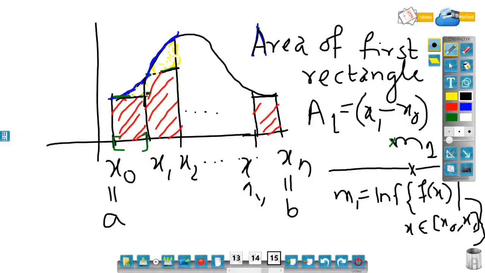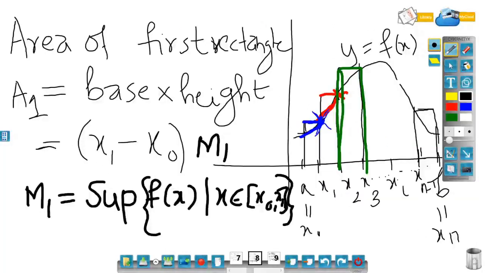Now you can see that in the lower sum some of the area is missing, whereas in the upper sum some extra area has come. So intuitively, your integration answer lies between UPF and LPF, because UPF gives you extra area: when we drew the UPF, we were taking the area of rectangles which are above the curve.